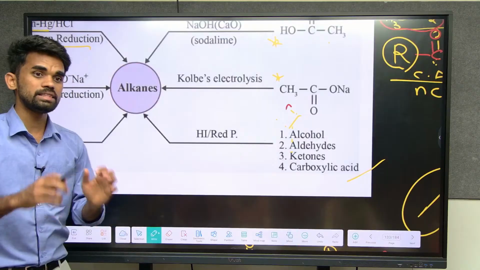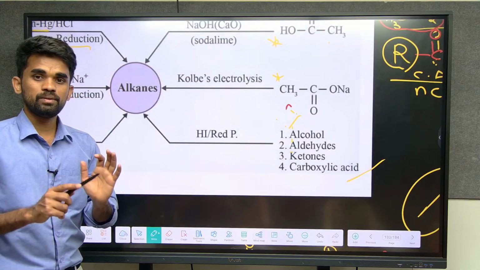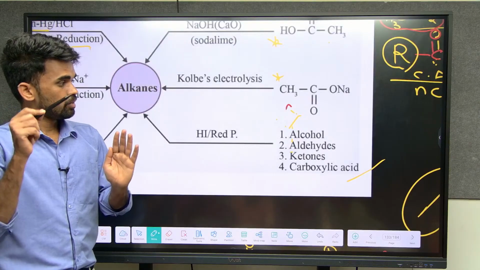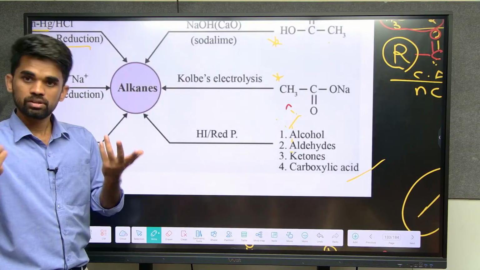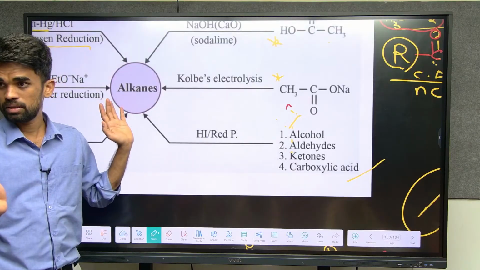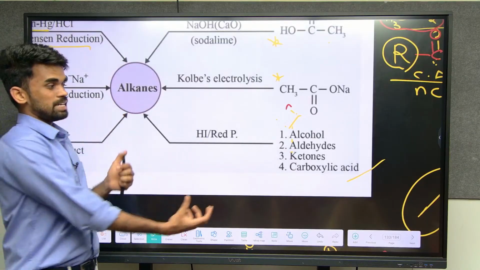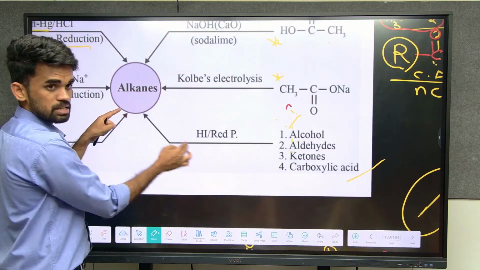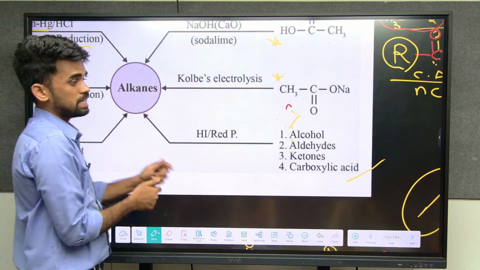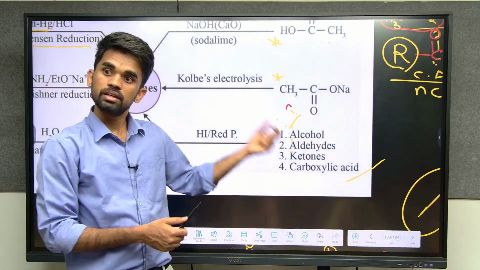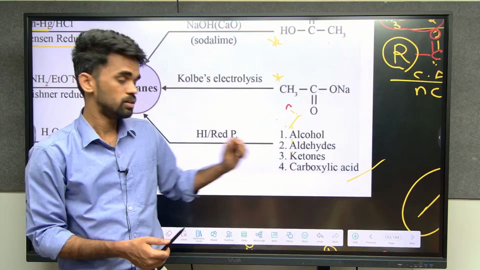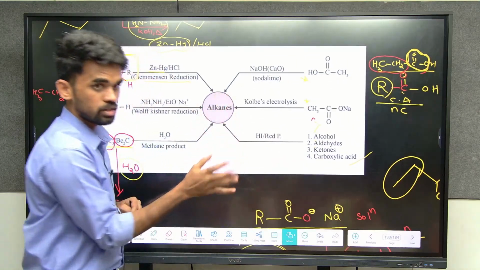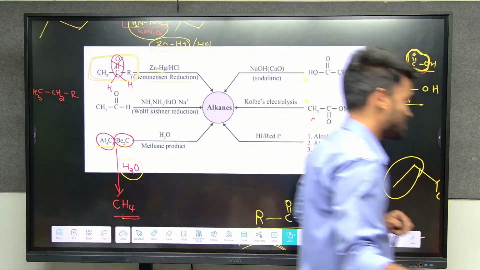For example, ethanol with HI and red phosphorus gives ethane, butanol, like that, respective alkane is formed. Okay, starting material లో ఎన్ని కార్బన్స్ ఉన్నాయో ప్రోడక్ట్లో కూడా అన్నే కార్బన్స్ ఉండాలి ఈ ప్రాసెస్ చేసేటప్పుడు. ఓకే, ఇథెనోయిక్ యాసిడ్, ethane, propanoic acid, like that. Okay, fine. So you just summarize this table in your book after the class.